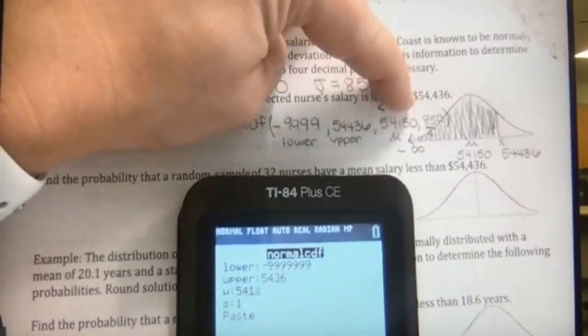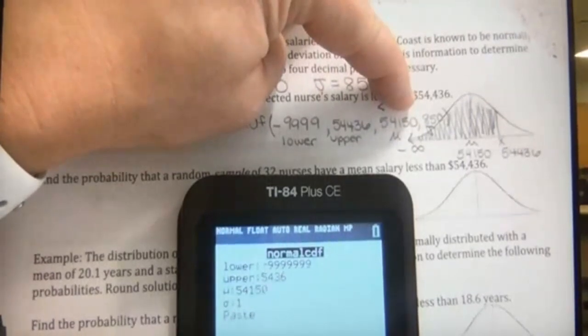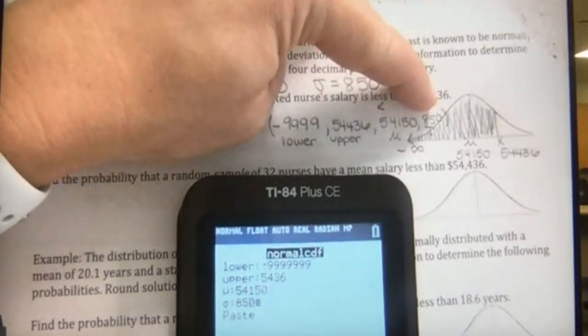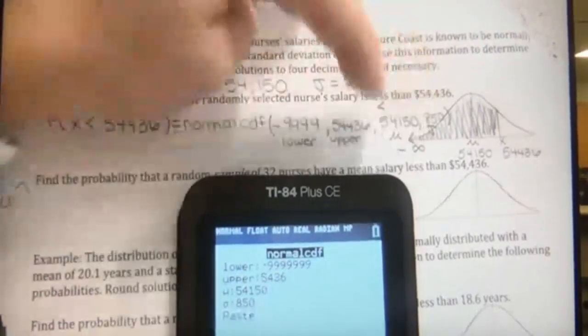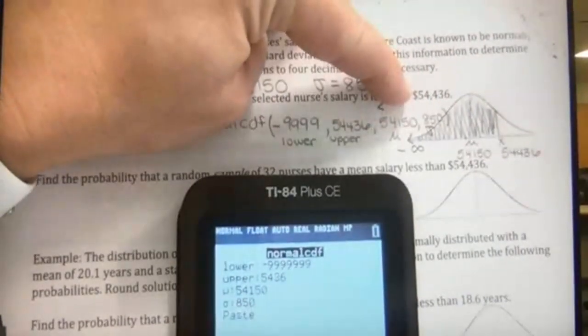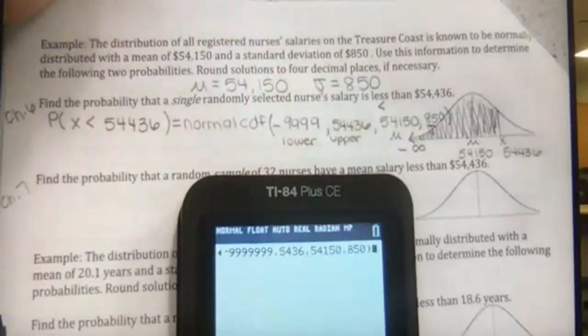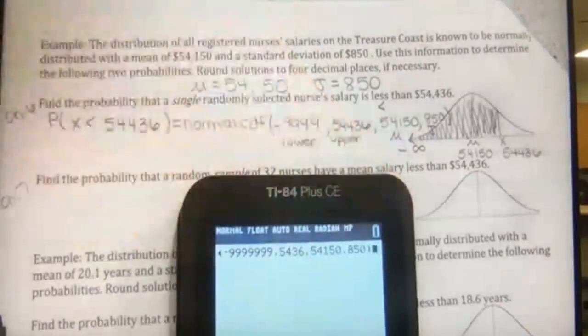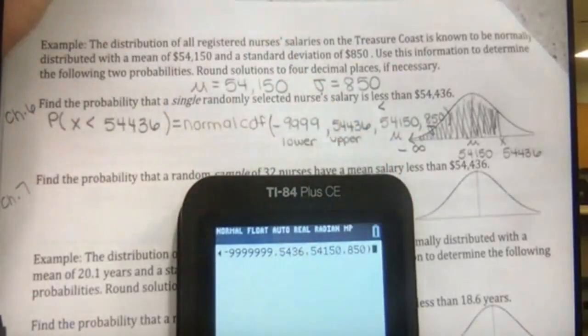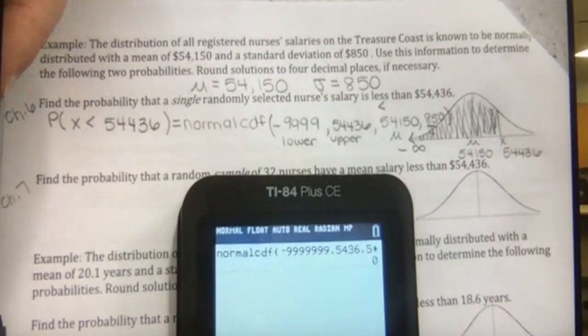Our mean is 54,150. Our standard deviation is 850. Remember, our mean is only 0 and 1 whenever it's z. We're not talking about z's here, we're talking about x. Pressing paste should look exactly like we see it. On everyone's calculator, it should be the same.